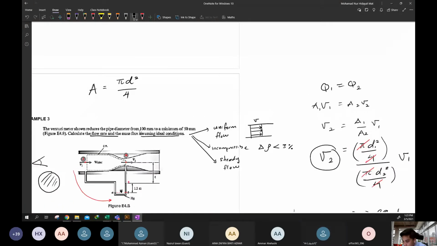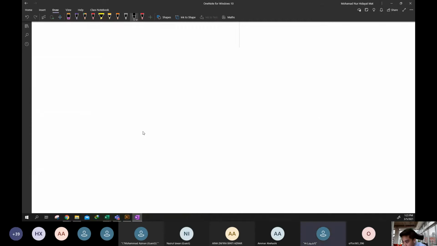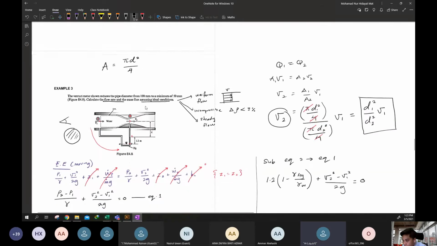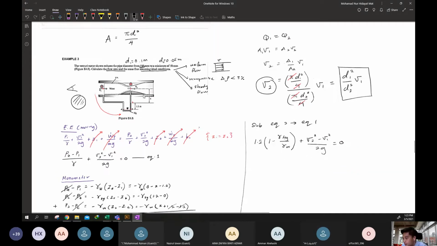It is given that the diameter d_1 is 100 millimeter, which in meter is 0.1 meter. And this one is 0.05 meter. This is diameter 2 and this is diameter 1. Okay, try to substitute.